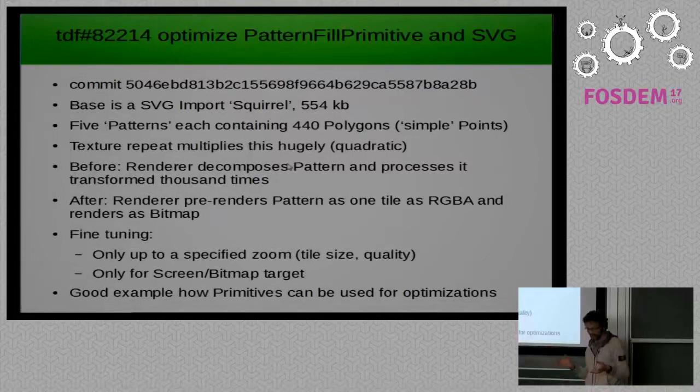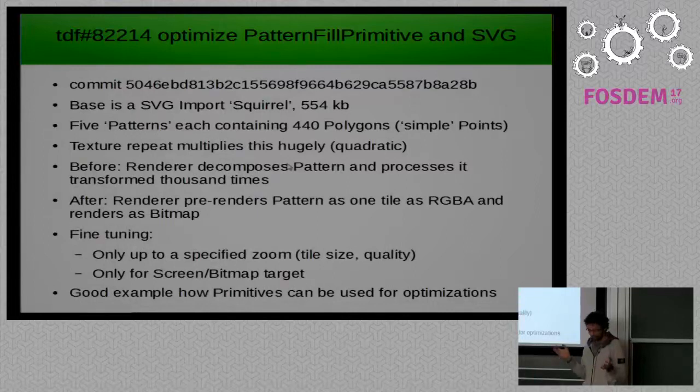Afterwards I just decided: don't do that, just pre-render one of the tiles as RGBA and render it as a bitmap. This of course works too, but you have to do some fine-tuning, because the quality of pre-rendered bitmaps is of course not as good, so you have to take care of the output target. Is the output target a bitmap like the screen, or do you have a metafile or PDF export or printing?